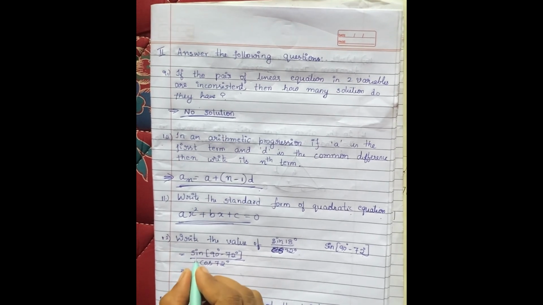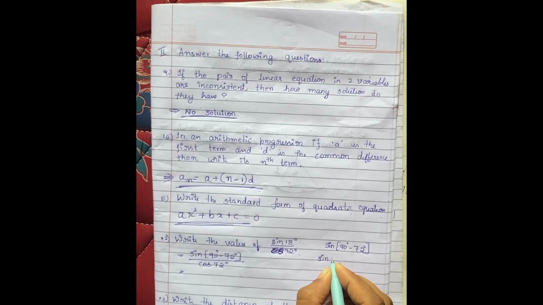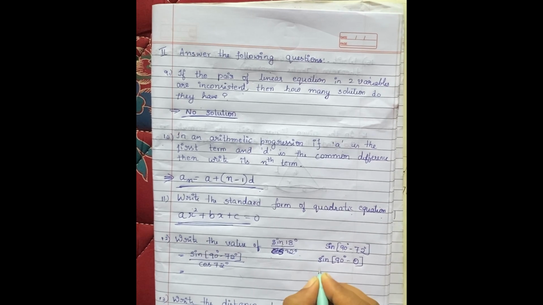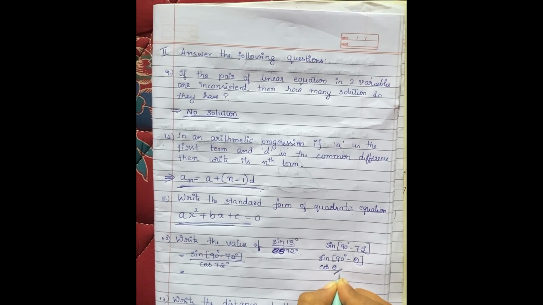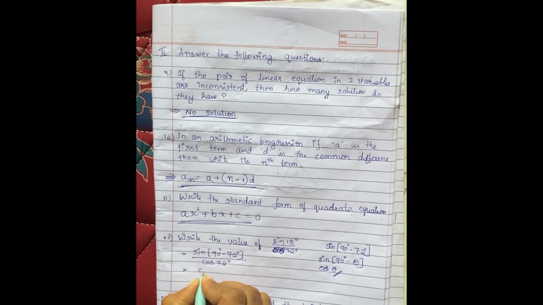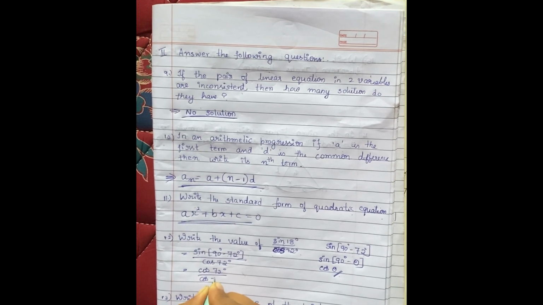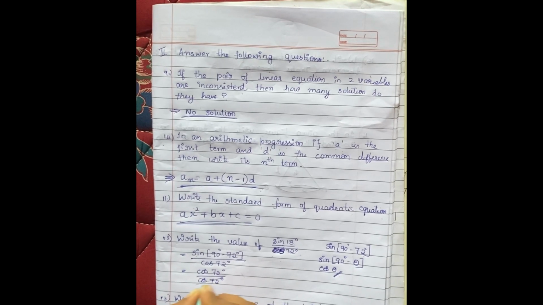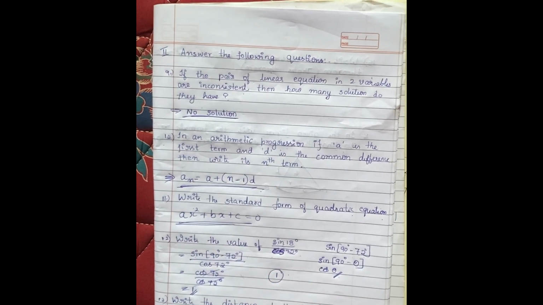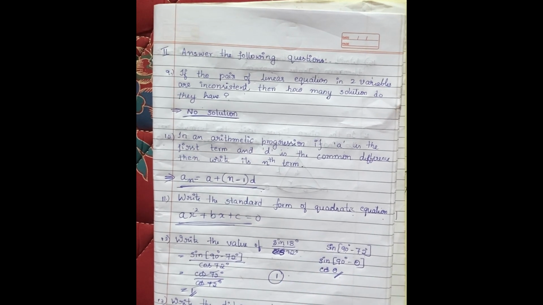We have a formula to remember here: sine 90 minus theta is equal to cos theta. So sine 90 minus 72 is nothing but cos 72, divided by the denominator cos 72, so the answer will be 1. The value of sine 18 divided by cos 72 will be 1.